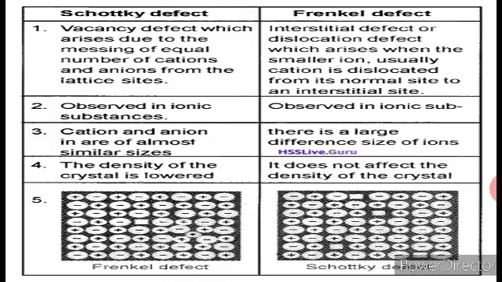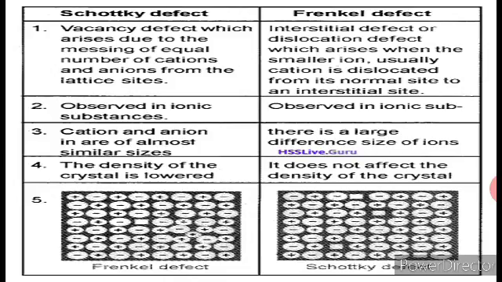Generally, cation is smaller in size compared to anion, so generally the cation is dislocated from the normal site and accommodated in the interstitial site. So it is a combination of vacancy defect and interstitial defect.